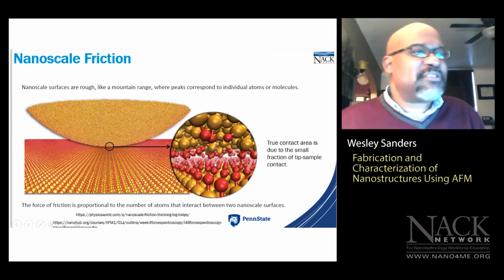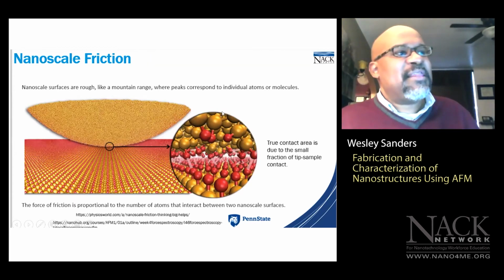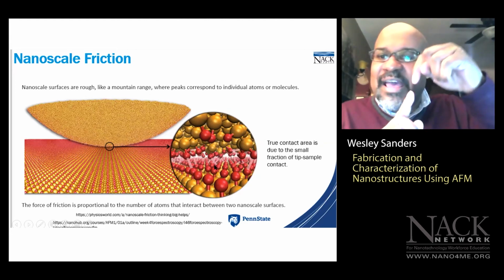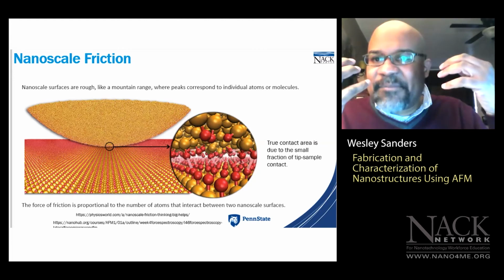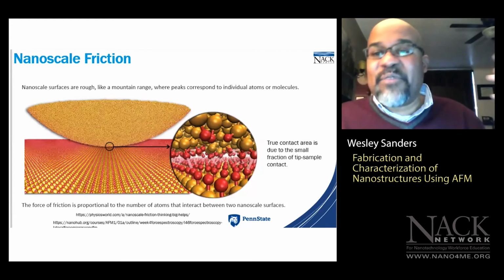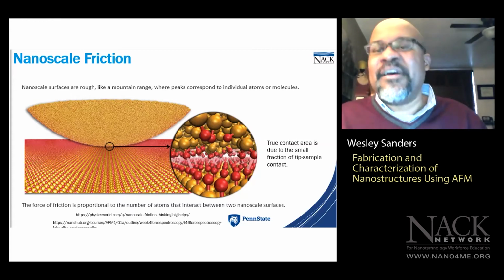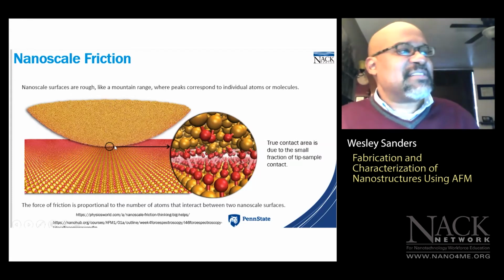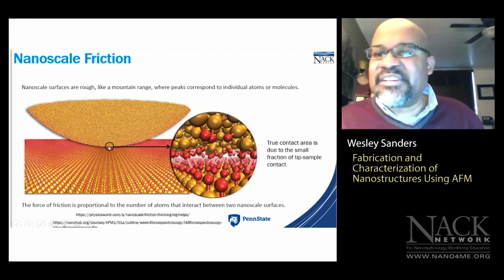And the frictional forces arise from the atoms or molecules between the tip and the sample making contact, right? Because if we look at something with an unaided eye, without the use of a microscope, or even if we use a 100x objective on an optical microscope, a sample may still look relatively smooth.